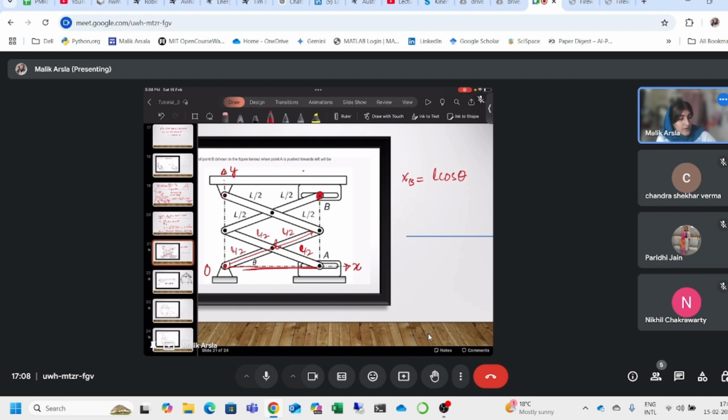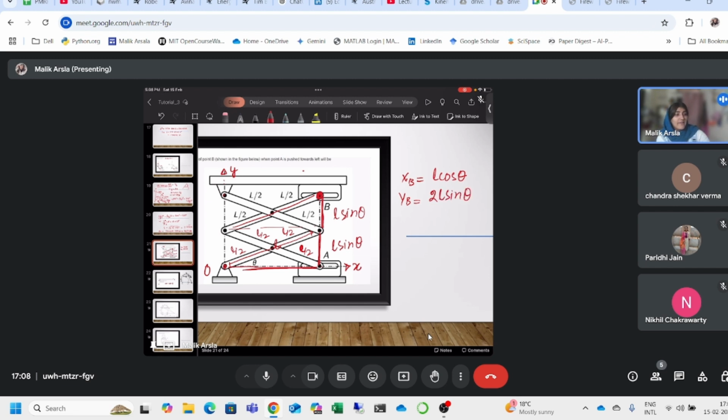What will be the y coordinate? This is L, so it will be L sine theta, and this will also be L sine theta. Both combined will be 2L sine theta.